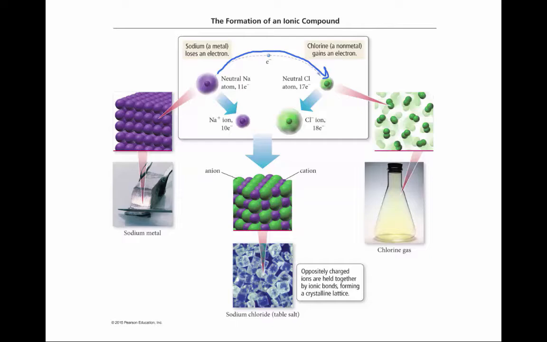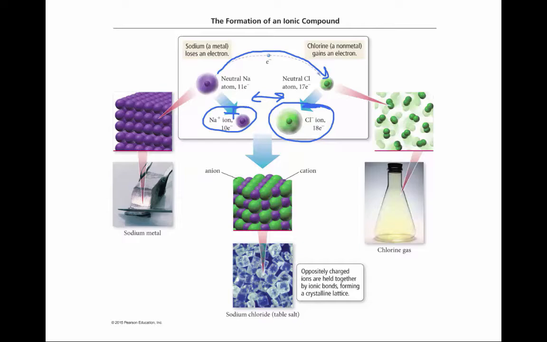When the sodium loses that one electron, it becomes a sodium ion here. Now it has a plus charge. Our chloride ion now has 8 electrons and a negative charge. So put a little minus there, and we now have an attraction between the sodium ion and the chloride ion.